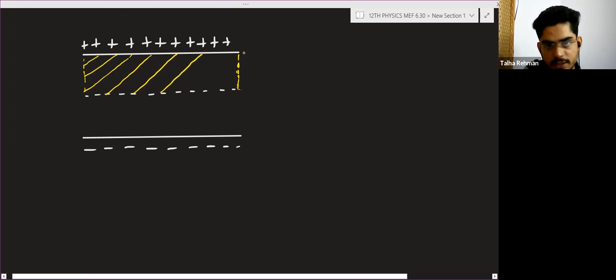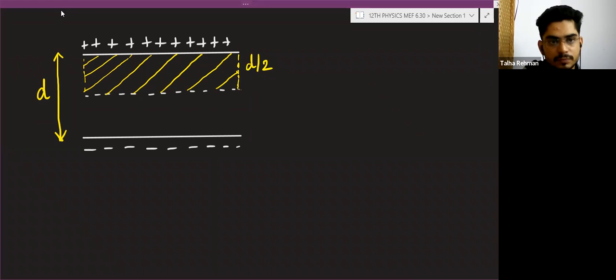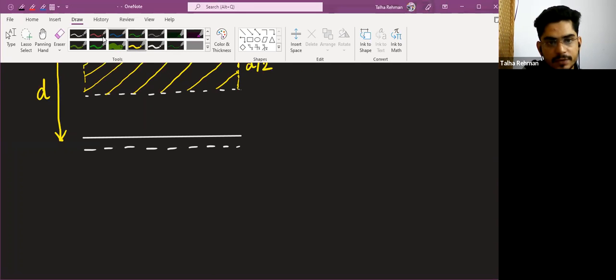Means in a distance, this is the distance d by 2. This whole distance is d. Now I am filling dielectric in a distance d by 2. And another dielectric.